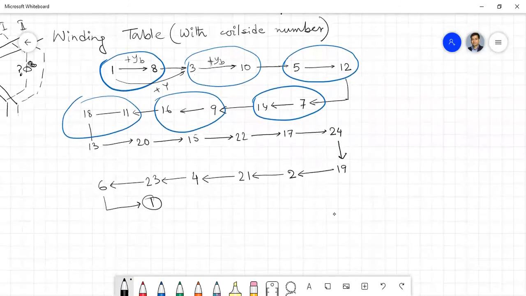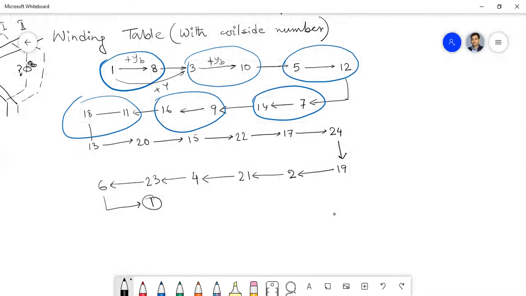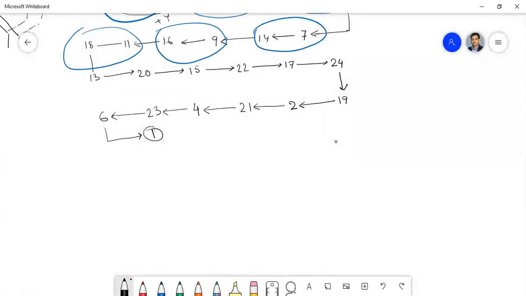Now, the next thing you have to do is draw this same lap winding in a radial form. Radial form means, let me draw something so that you can understand, and I will give you this as a home task. You have to complete this.